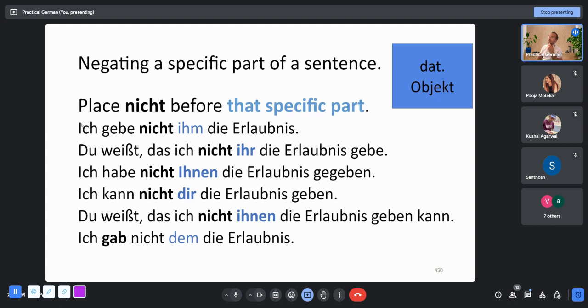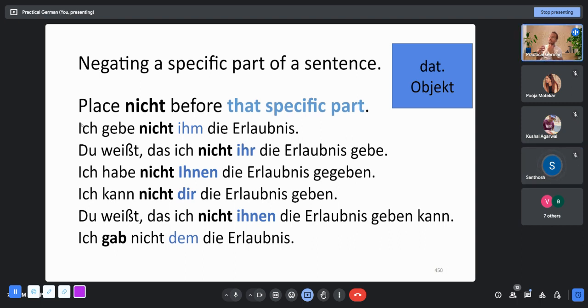For example, if I look at the sentence, Ich gebe nicht ihm die Erlaubnis. The Erlaubnis is the one thing that is being given, the direct thing which is being given. What does Erlaubnis mean, Pooja? Permission.